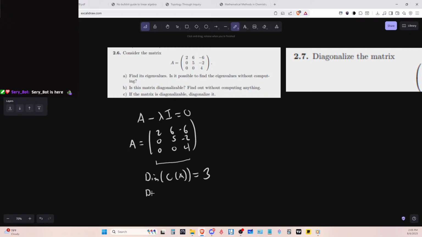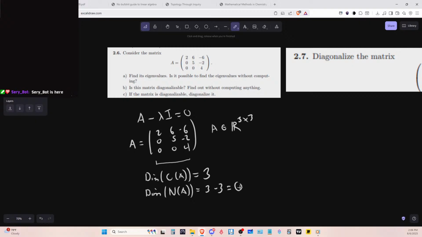And if I think of the dimension of the null space of A, because A is an element of 3 by 3, so we have 3 rows and 3 columns, that means it's 0.